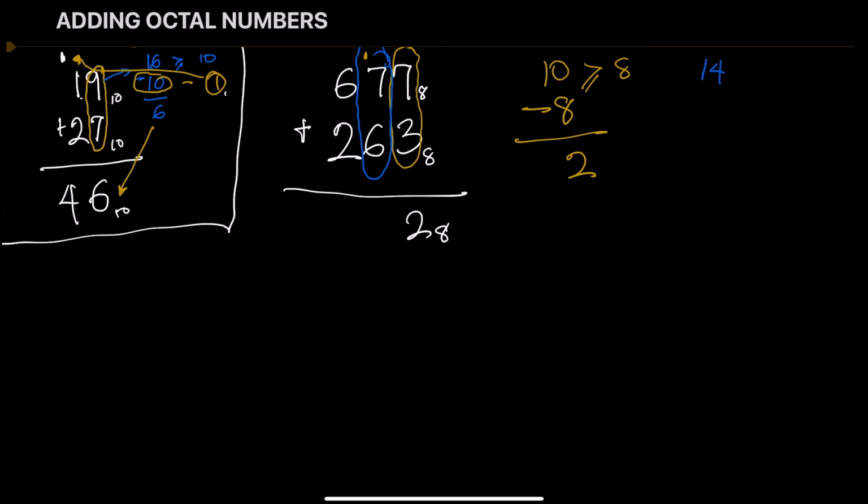This is also greater than or equal to 8, so we minus 8 from it and get 6. Since 6 is less than 8 and we did this one time, we bring 1 to the next side, and we record our 6 here.